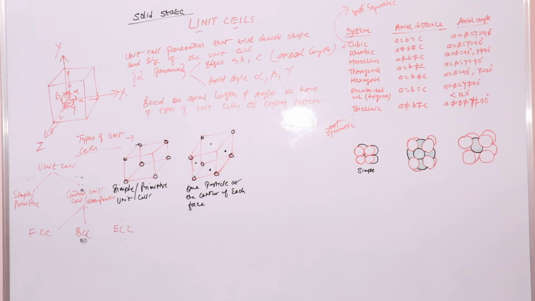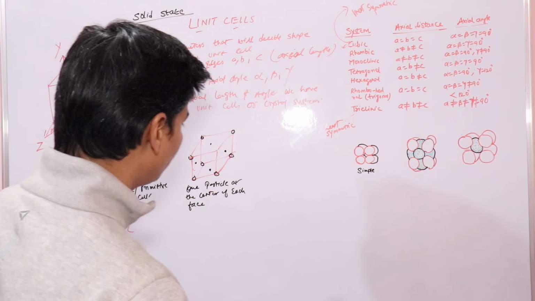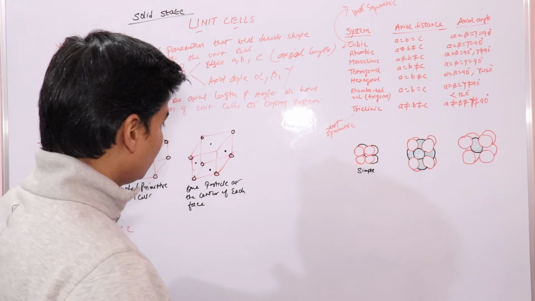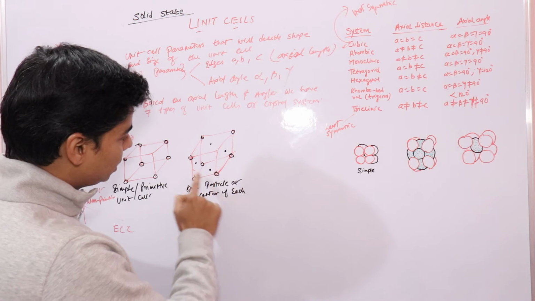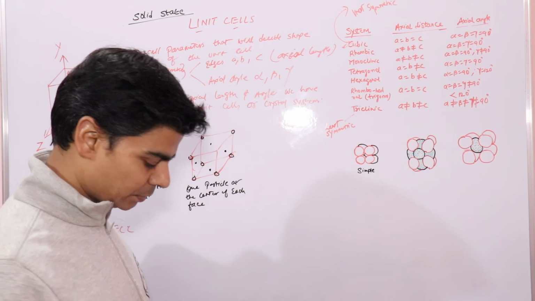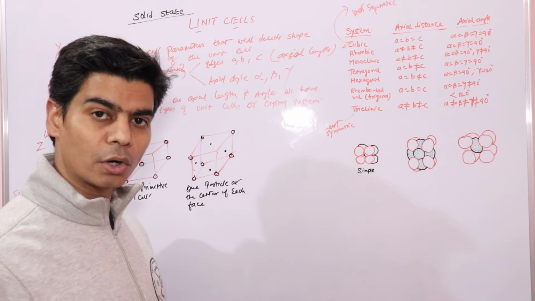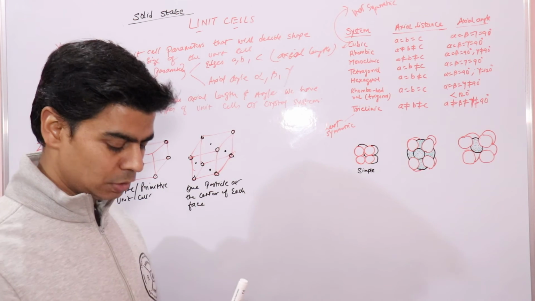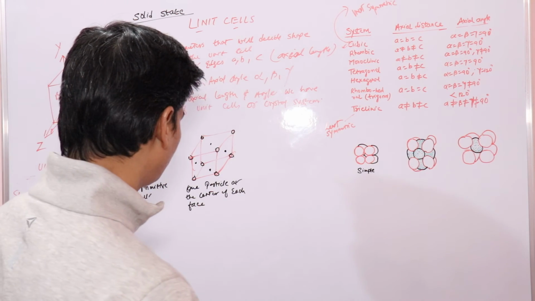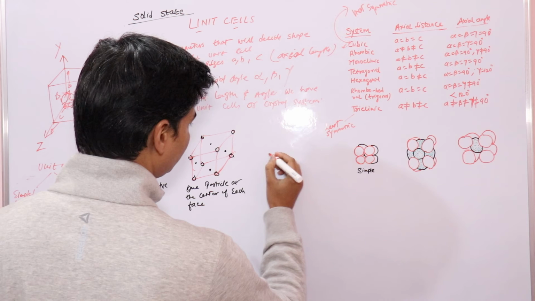right? Now the second one is your body centered. In body centered unit cell, the particles would be present at the corners, right? And in addition to corner, one particle would be present at the center of the unit cell. That would be your body centered. As the name says, body centered.